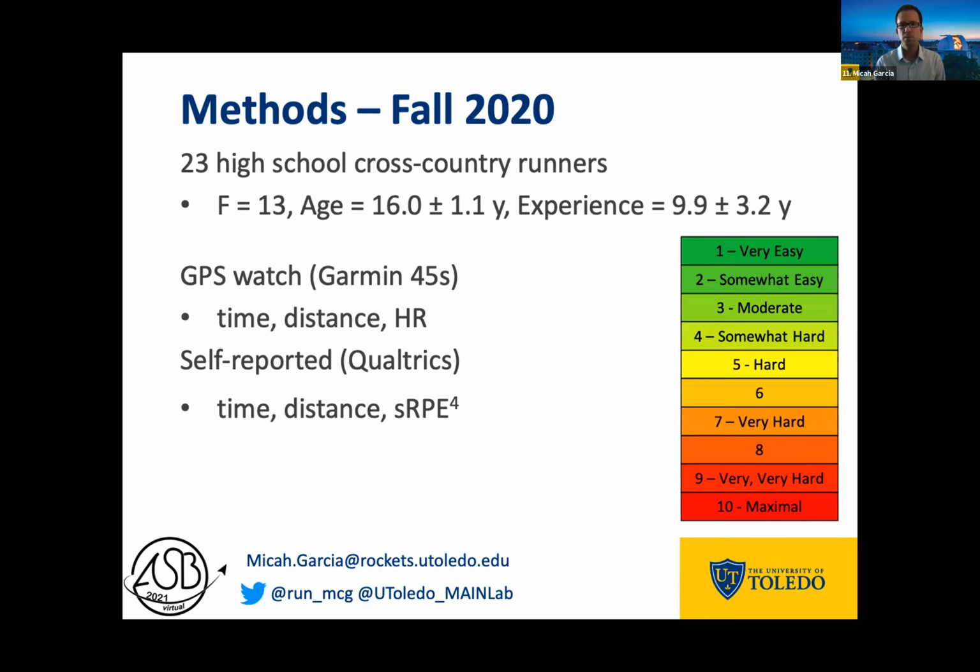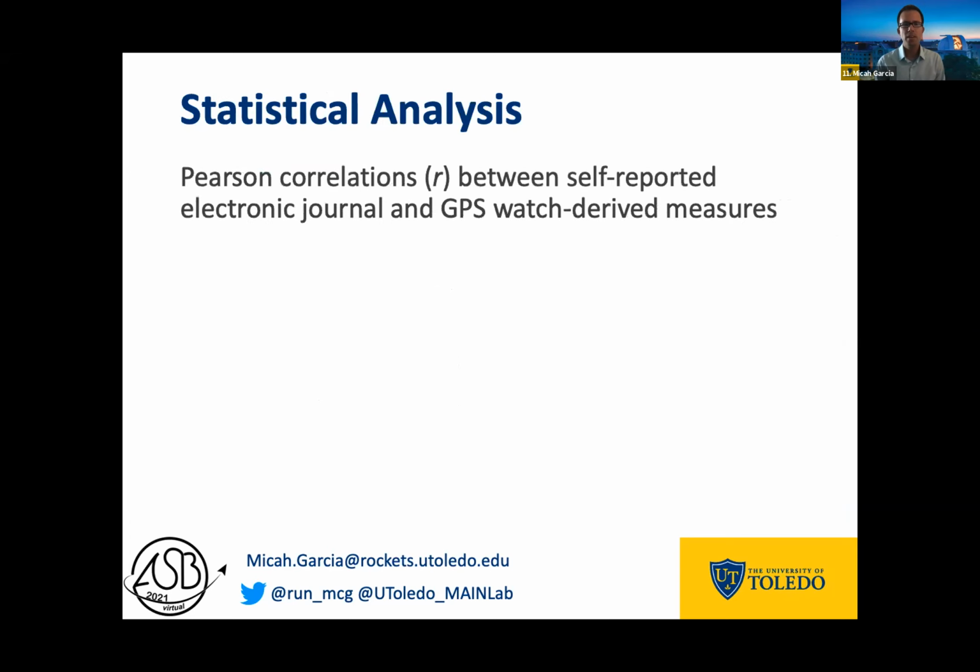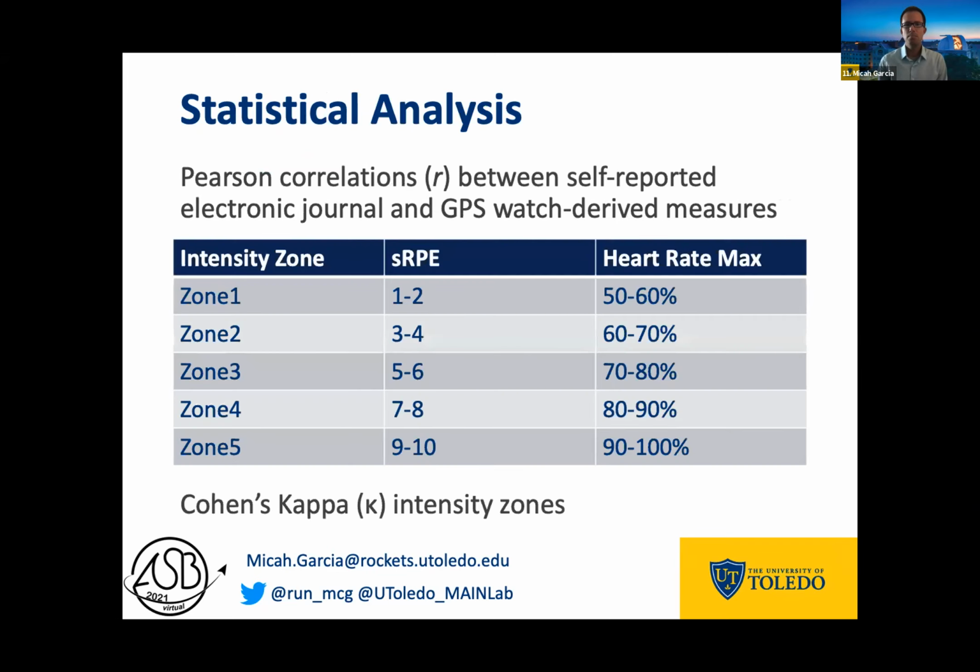And SRPE was reported on a 10-point scale, where 1 was considered a very easy run and 10 was a maximal effort run. We then looked at the relationship between the self-reported measures and what we were able to pull from the watch to see if they agreed. And we did this for both external and internal loads. But then we were also interested in looking at intensity zones, because oftentimes coaches will prescribe a run according to a target heart rate zone.